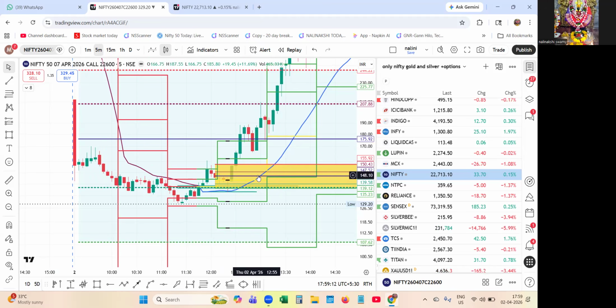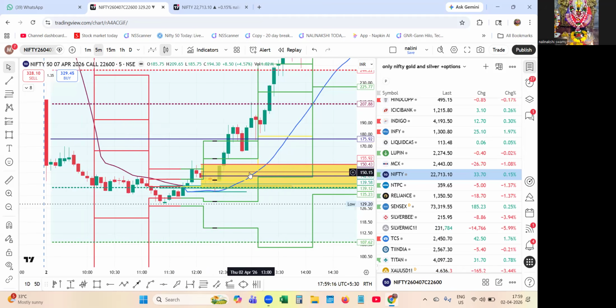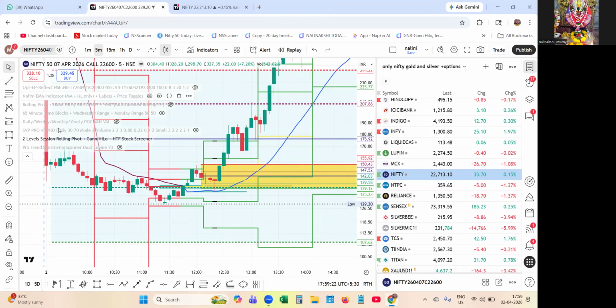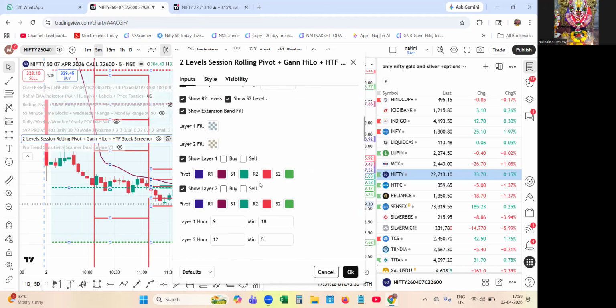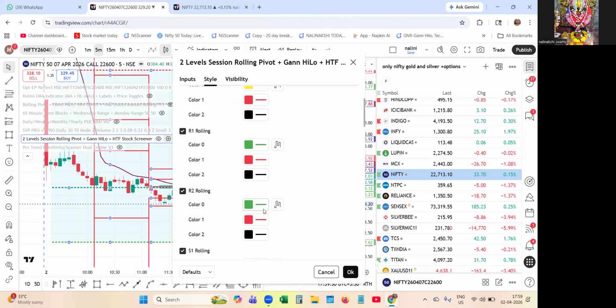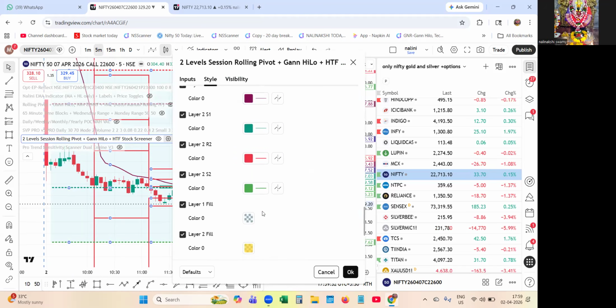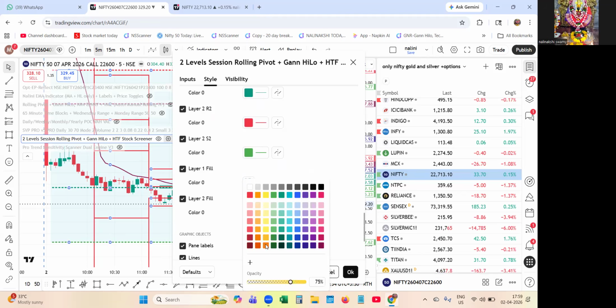Here, the pivot has come over here on the chart itself. If I make the color box a little bit lighter, you can see the pivot clearly. You can do that by going to this layer to fill.